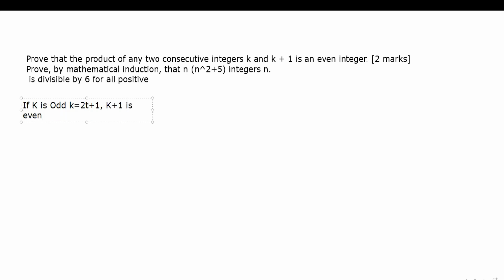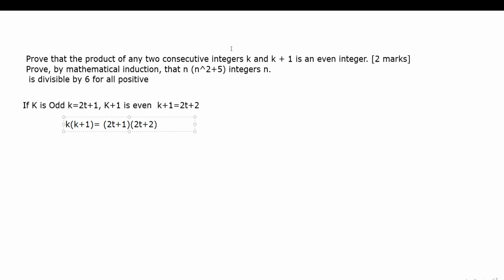If k is 2t plus 1, then k plus 1 would be equal to 2t plus 2, right? Yes, sir. So if you multiply k times k plus 1 now, Marika, this is going to be 2t plus 1 multiplied by 2t plus 2.